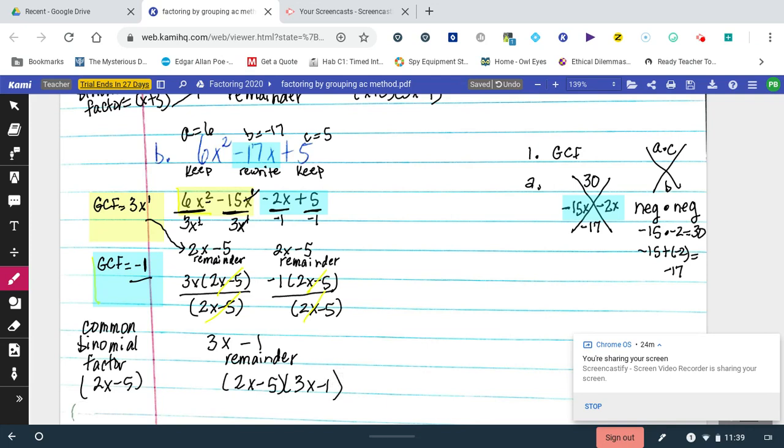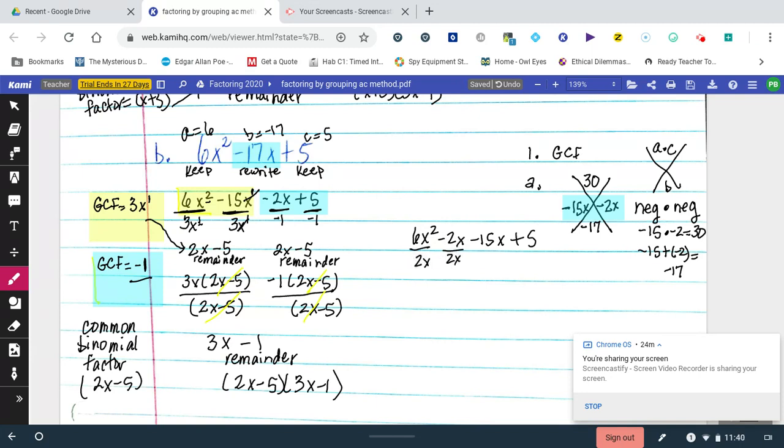And I'm done. Now let me show you quickly if you would have reordered these: 6x squared minus 2x minus 15x plus 5. Then these two would have had 2x in common. That would have been the GCF.